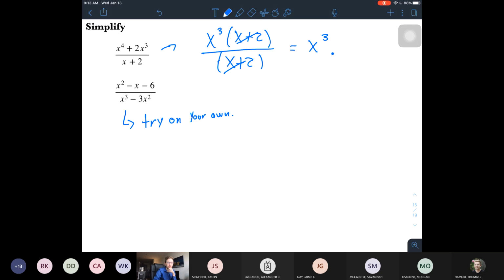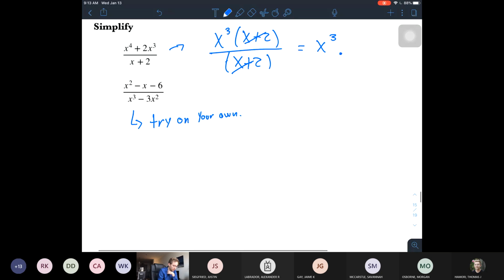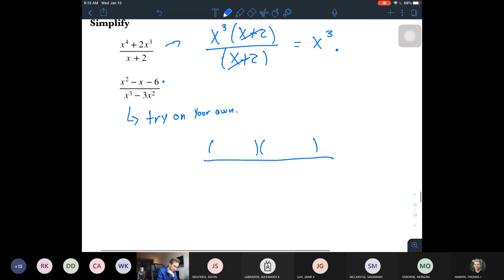All right, let's try this one together. First, let me see if I can have a volunteer to help me factor the top. How can I factor the top? Let's see some answers in the chat. Any ideas on how we could factor that numerator? x plus 2, x minus 3.